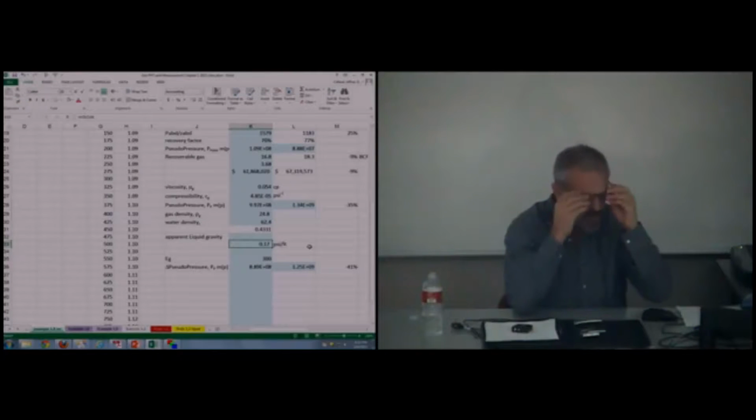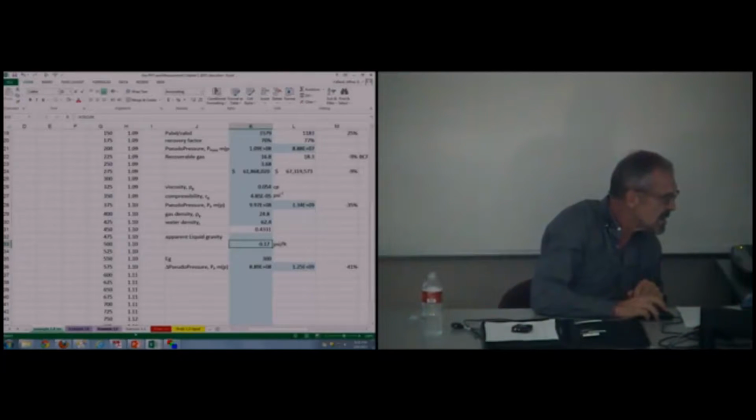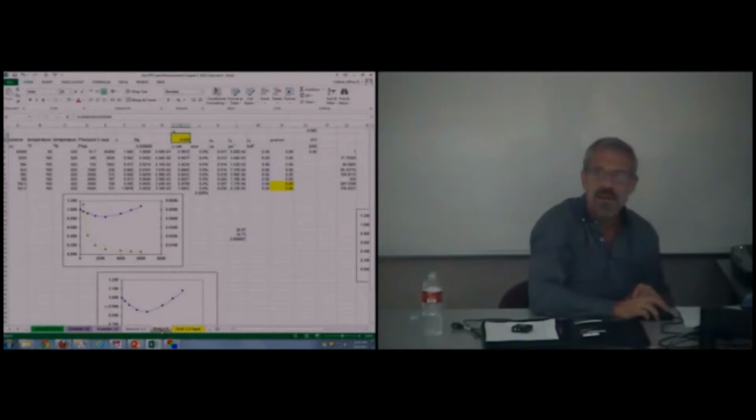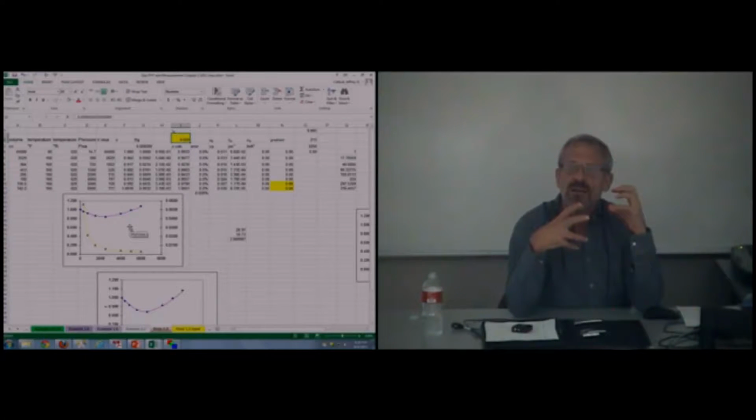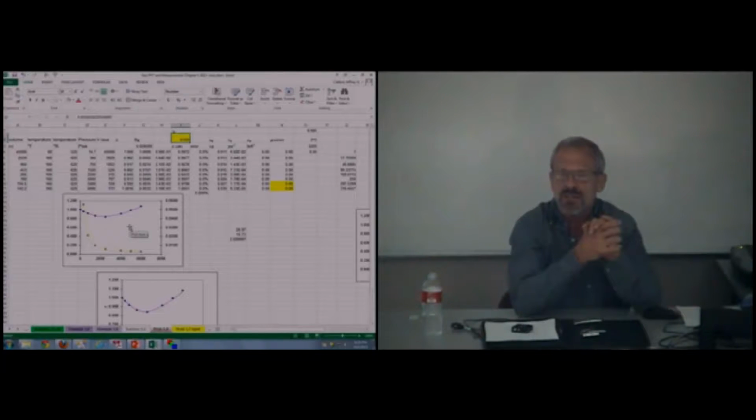There was only one gas gravity that matched that data. This is the same kind of work you did, right? That first day of class. So that's what I'm trying to really get across, is that by having these PVT properties, we can model resultant data, not knowing what the inputs are, but solving for the inputs.